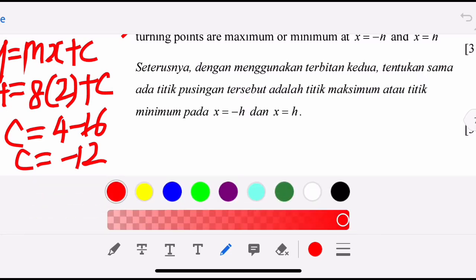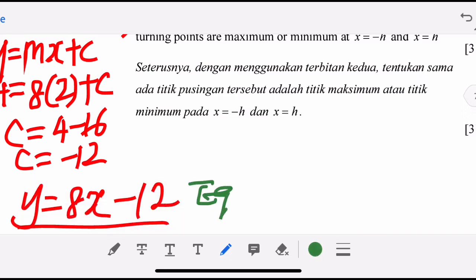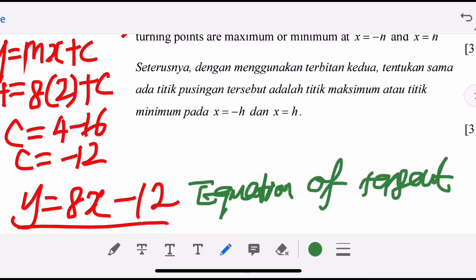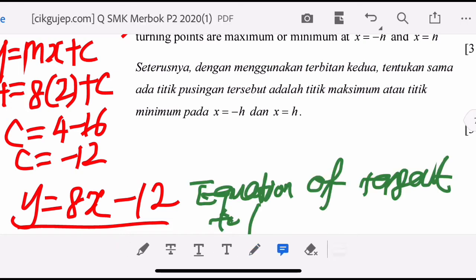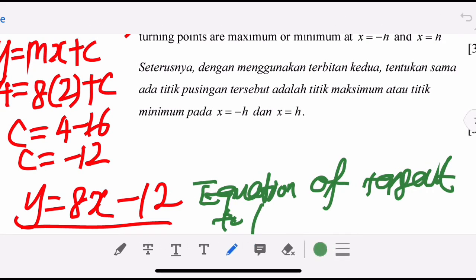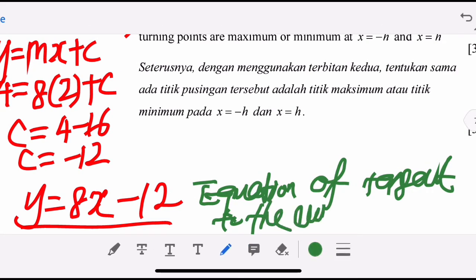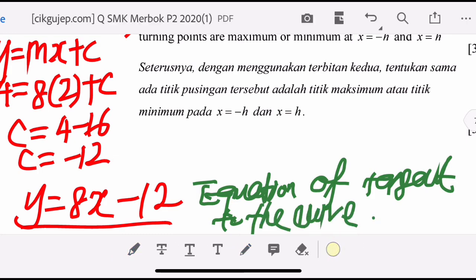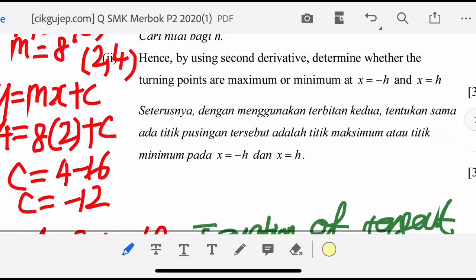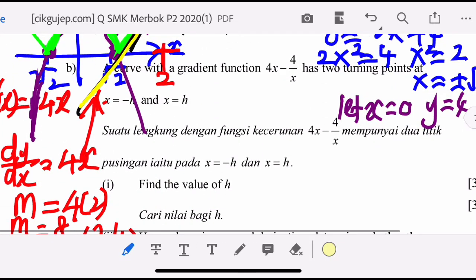Okay, understand? Equation of tangent to the curve at a point, to the curve at point 2, 4, right? So this is the equation of tangent, which is a straight line. Settle, we have solved the equation of tangent.